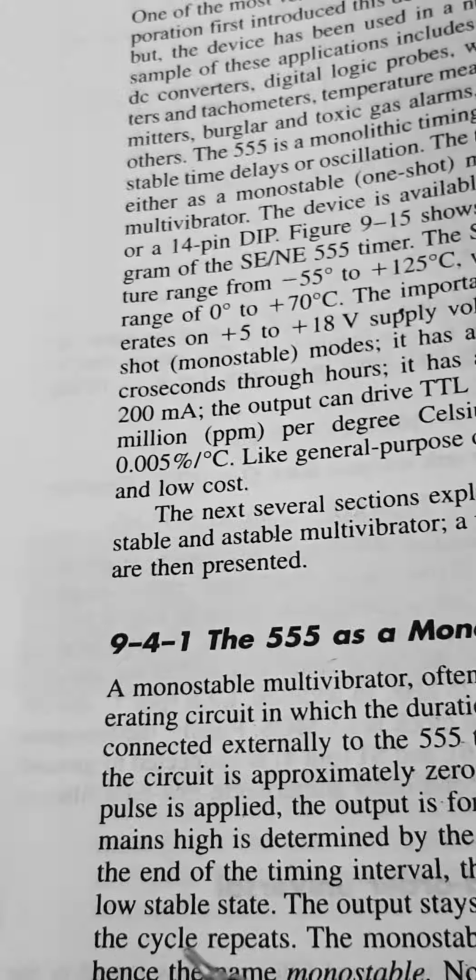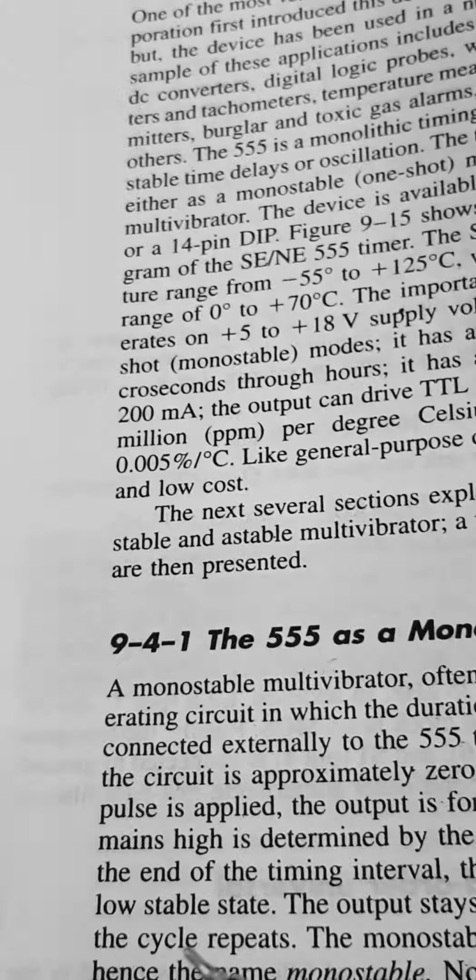When you apply a negative going pulse, that is an external trigger pulse, the output is forced to go high, and how much time it remains high is decided by the resistor and capacitor connected external to this IC.